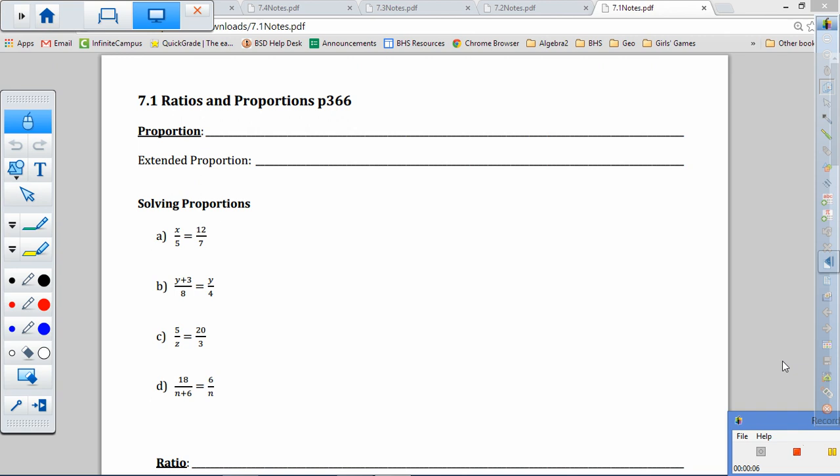The second example presents us with a little bit of a challenge in that we are dealing with a binomial this time, y plus 3. So when we multiply, we need to be very careful that we are multiplying the 4 and the y plus 3. So that has to look like this. 4 times that total y plus 3 equals the 8 times the y.